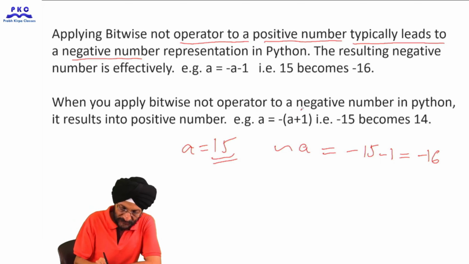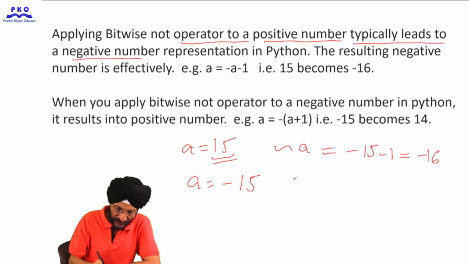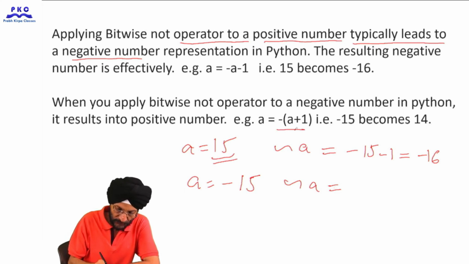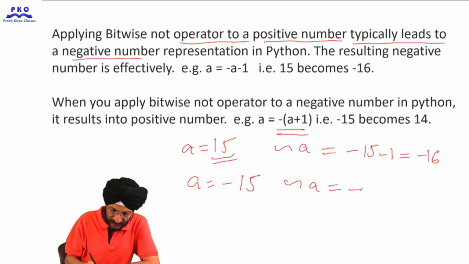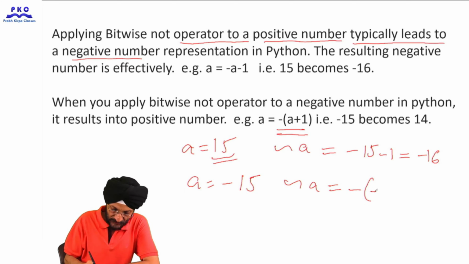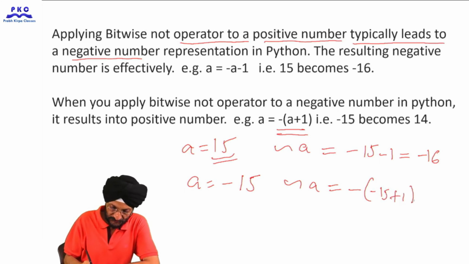When you apply the bitwise not operator to a negative number, suppose a is negative, and we are now applying the bitwise not operator, what will happen? This will be the formula: minus, parenthesis, value of a plus 1.